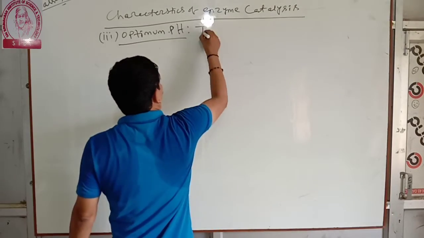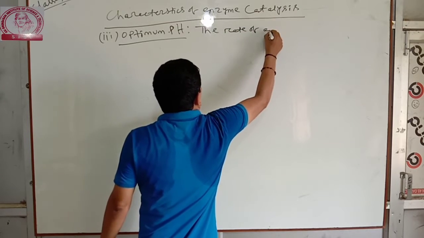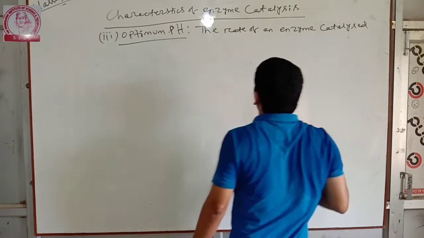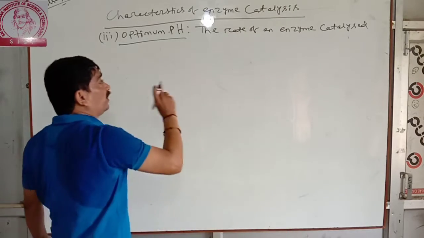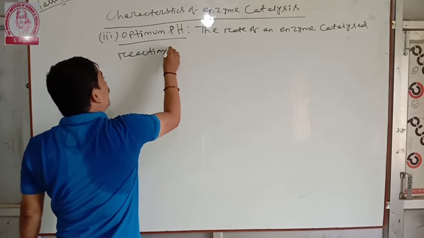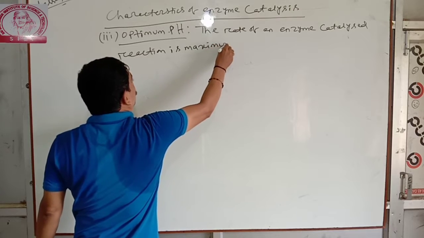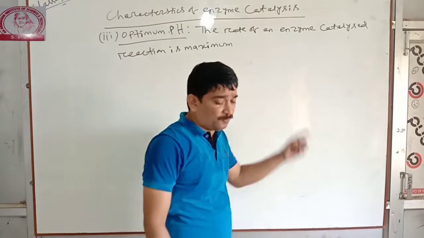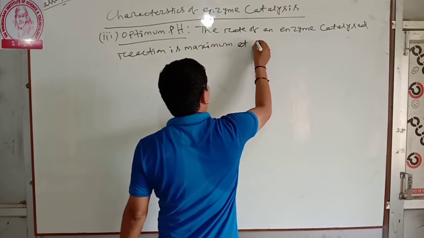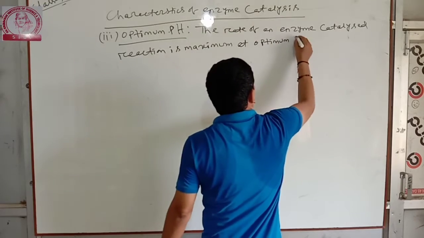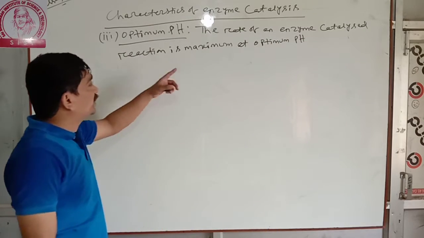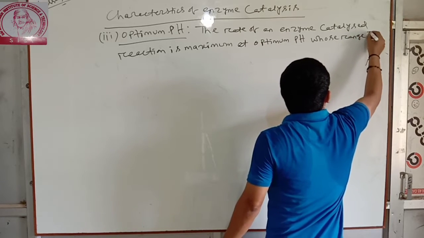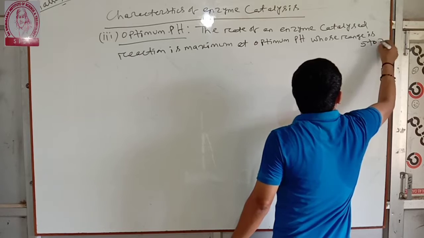The rate of an enzyme catalyzed reaction is maximum at optimum pH, whose range is 5 to 7.